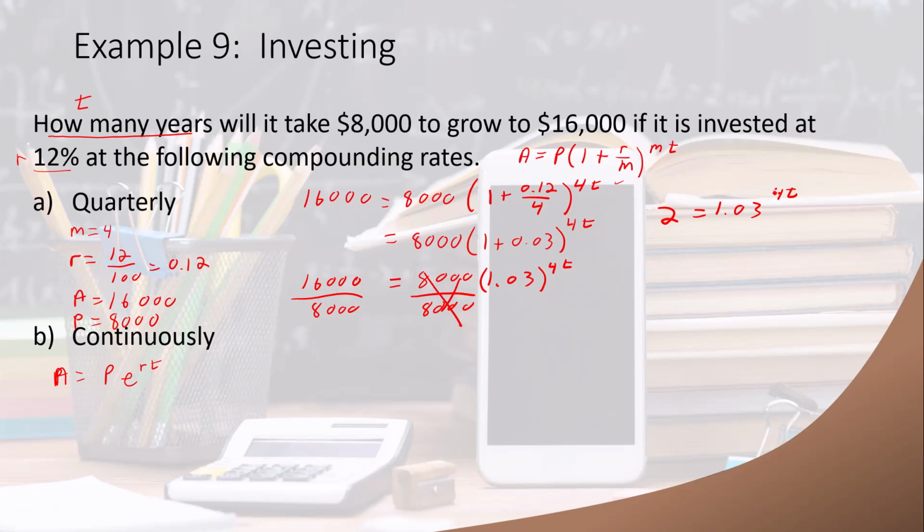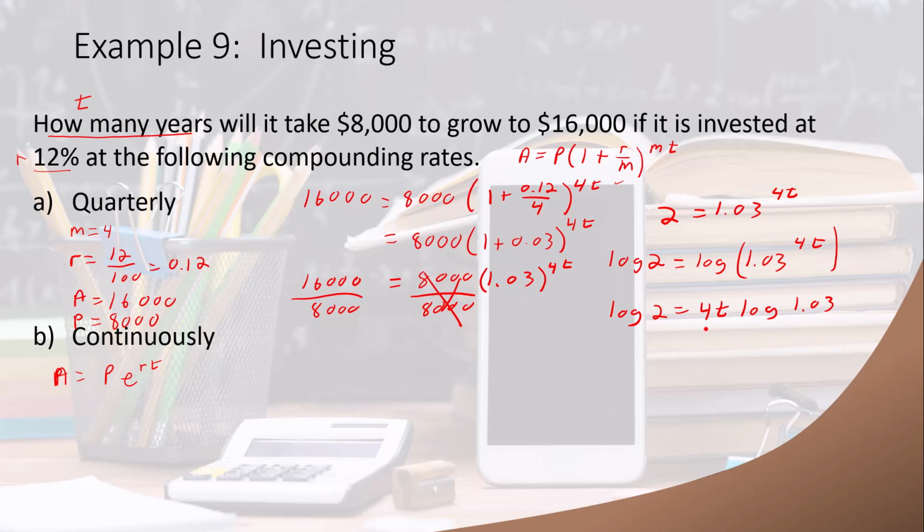We can now take the logarithm of both sides. And if we do, we will have the log of 2, and this is the common log, equal to the common log of 1.03 raised to the 4t power. Using the power property, the log of 2 is equal to 4 times t times the common log of 1.03.